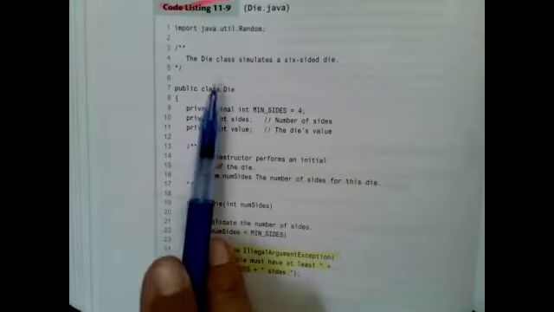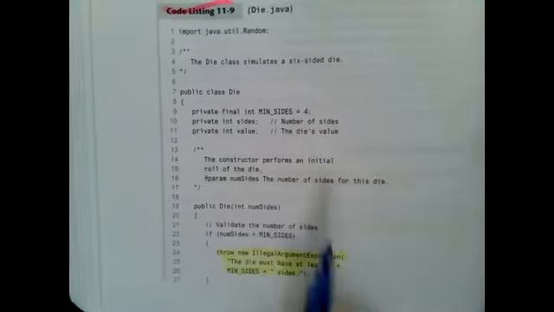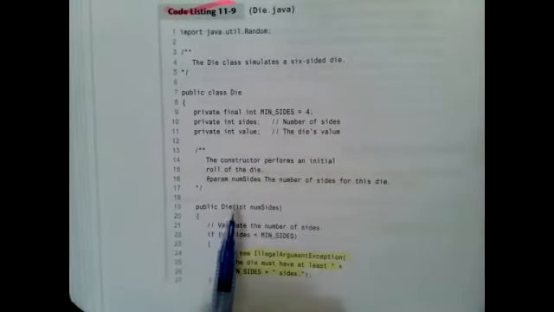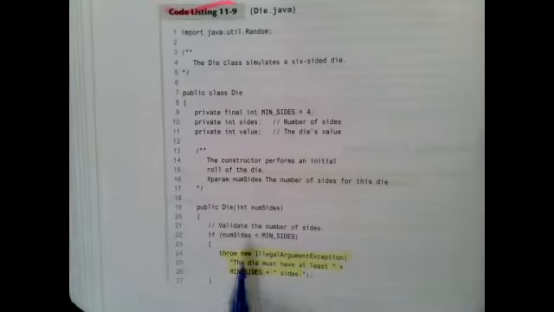We come in, it's the dice class. So we have a dice constructor with the number of sides. And if I instantiate an object of the dice class, and the sides is a number smaller than 4, I want it to, so what do I do?